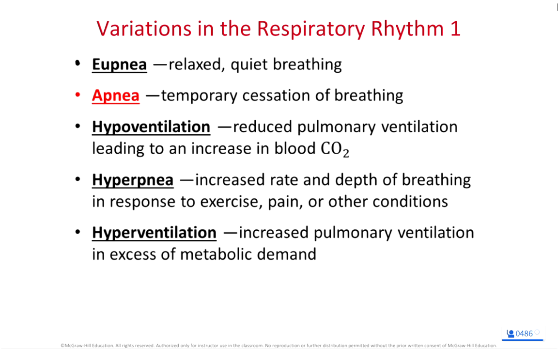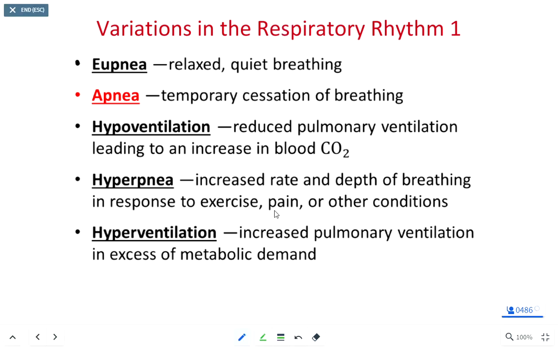We can have hypoventilation. Hypoventilation is not enough removal of the CO2. We aren't breathing in and out quickly enough. We can have hypernea or hyperpnea, and this is when we're breathing in and out quickly, not in response to a metabolic demand, but instead in response to a psychological condition, pain being the most common source of that.